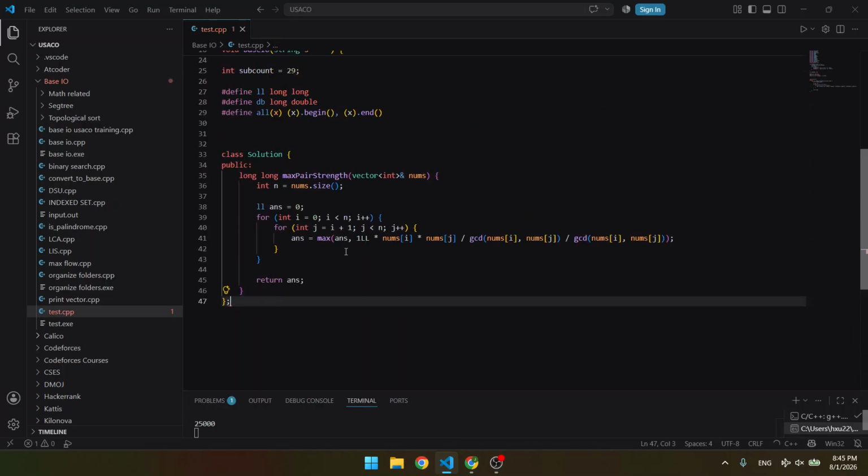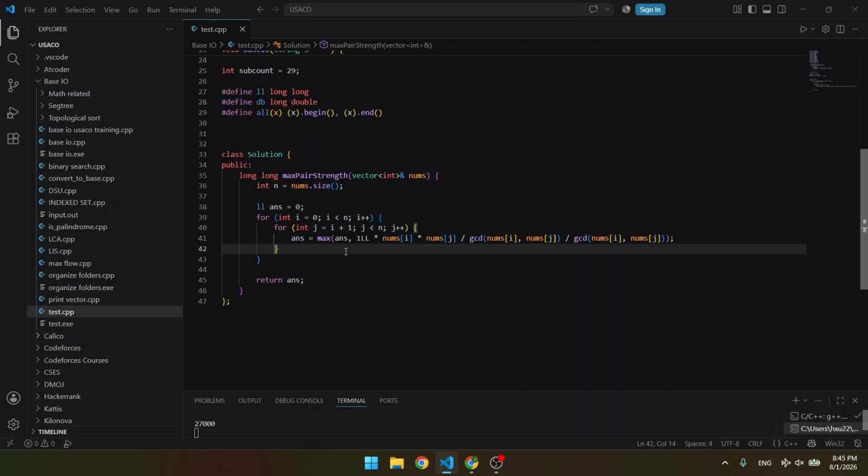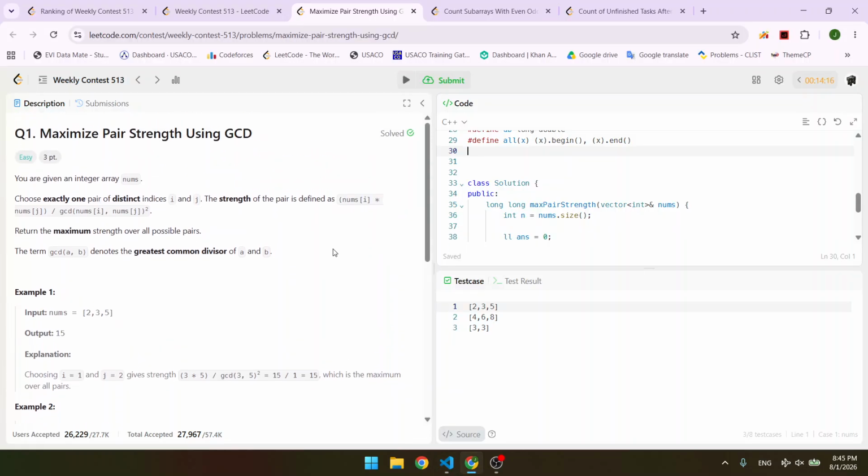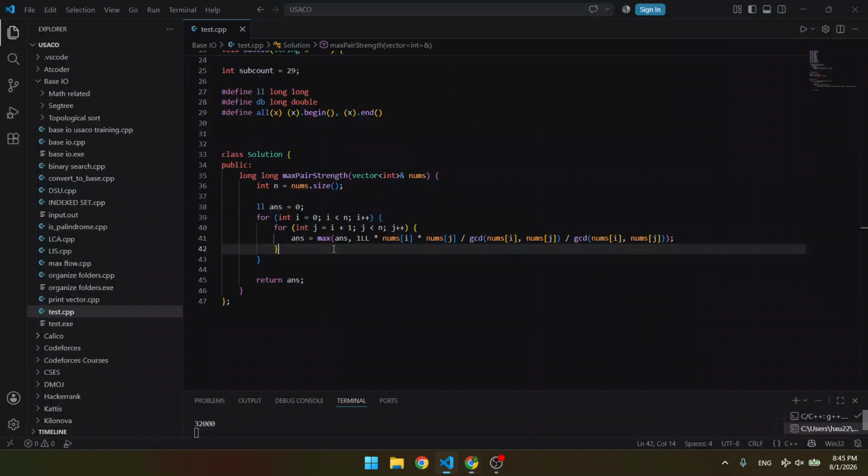For problem one, all you have to do is just brute force everything. The problem asked to choose a pair of distinct indices i and j, calculate the strength of them, and output the maximum possible strength over all pairs. So you try every pair, for i from 0 to n, and j from i plus 1 to n.